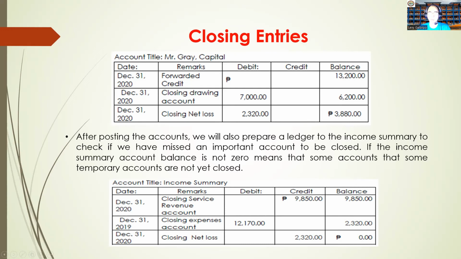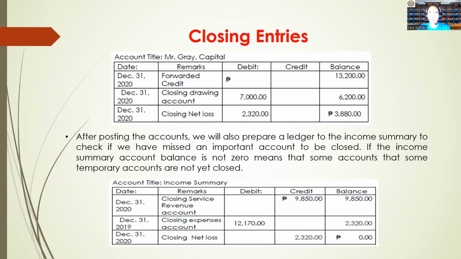After posting the accounts, we will also prepare a ledger to the income summary to check if we have missed an important account to be closed. If the income summary account balance is not zero, means that some temporary accounts are not yet closed. So, closing service revenue account, credit natin 9,850.